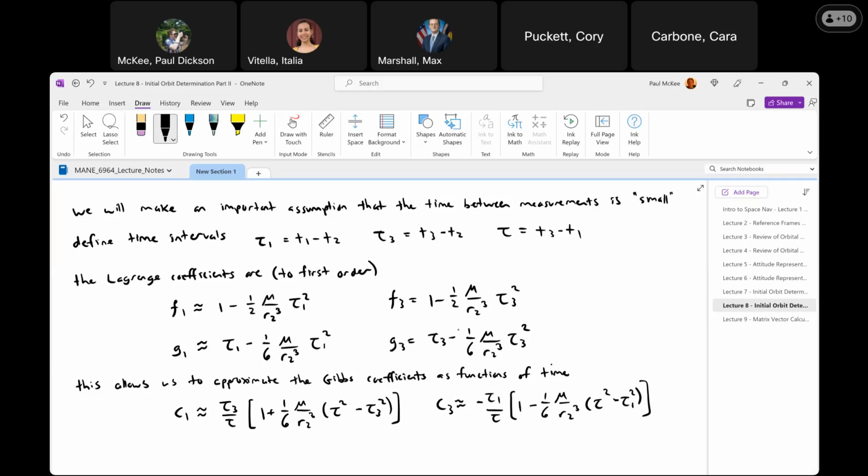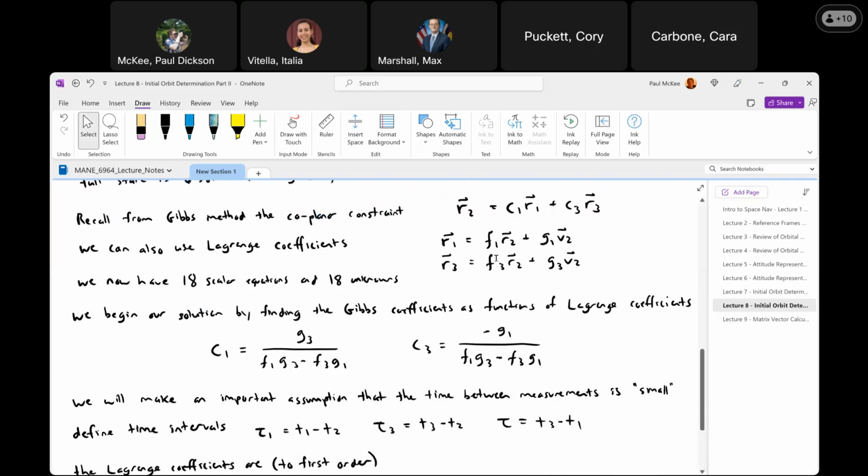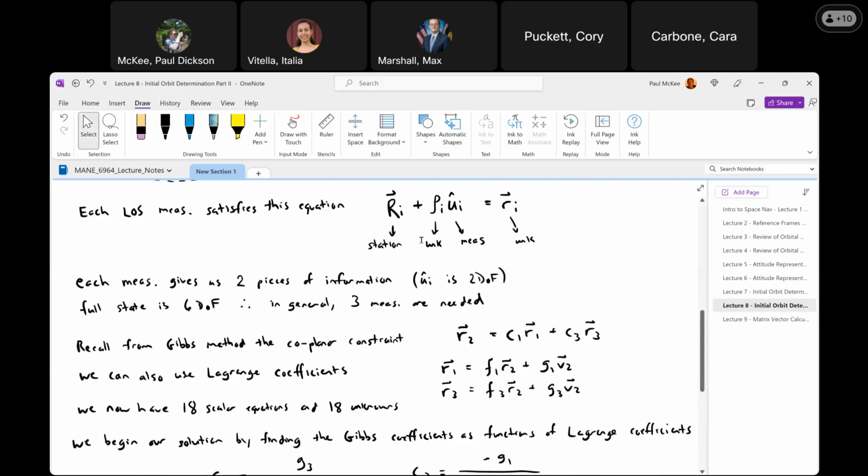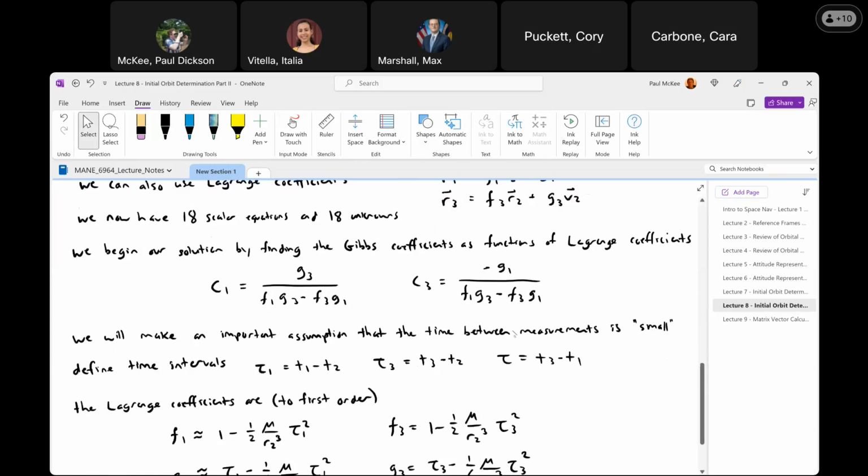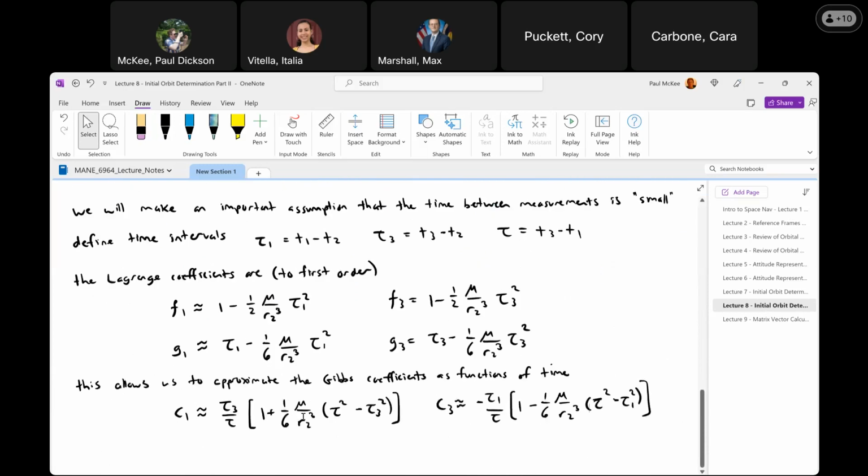There we go. Let's clean that up a little bit. Okay, great. So what this means is that in our first equation, well, not exactly the first equation, but the coplanar constraint, we can now say, okay, R2 is some function of R1 and R3 where the coefficients are known because we can actually plug in and solve for these.